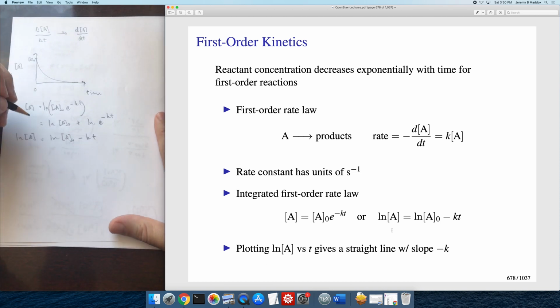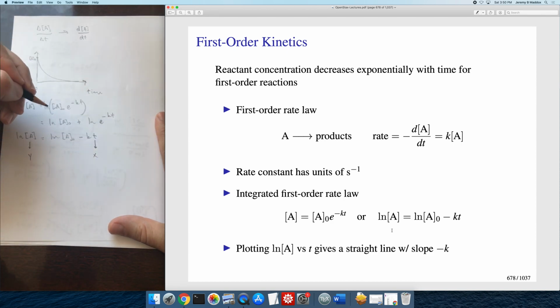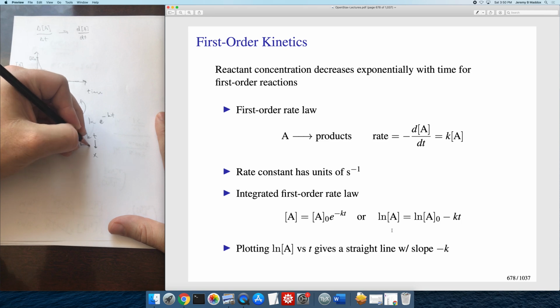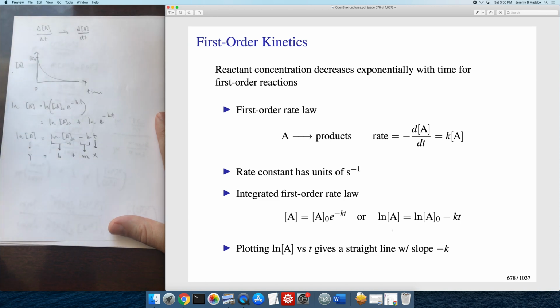And the reason I do that is because if you plot this along the y-axis and you plot time along the x-axis, minus k is some slope m, and then the natural log of the initial concentration of the reactant is some constant b. What you have is the equation for a line.